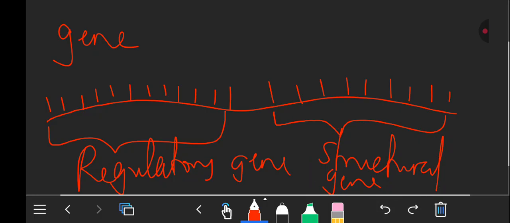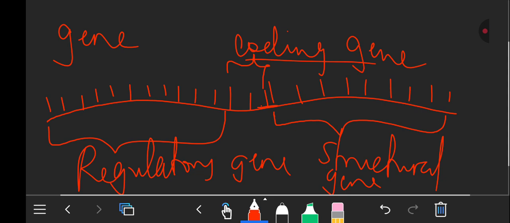It is very important. Now when you're looking at this structural gene, a few bases away from the structural gene, at this portion here, we have the coding gene. We have the coding genes here at this portion.